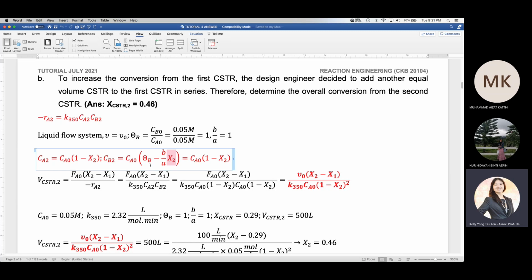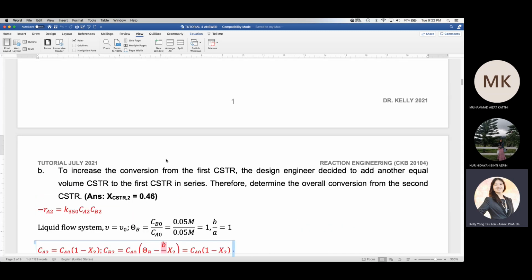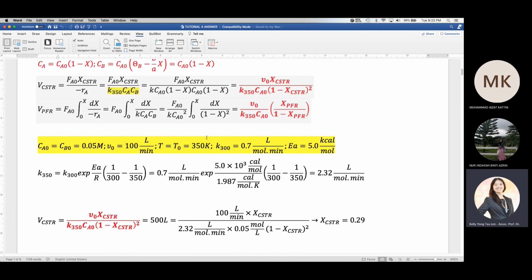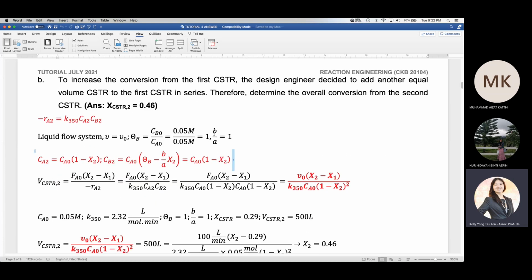Okay, so B per A ni, kita tadi tak sentuh lagi part B per A ni. So B per A ni kamu tengoklah daripada stoichiometric coefficient, B per A kita adalah 1 per 1. B per A is the ratio of the stoichiometric coefficient in the chemical equation. So B per A is 1 over 1. So done, B per A done.